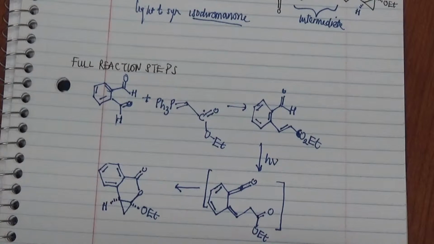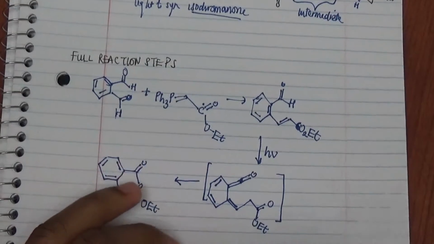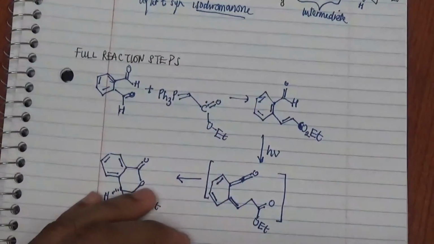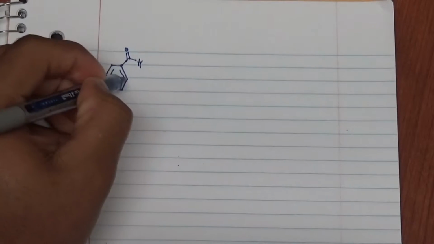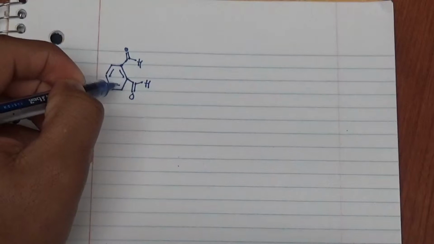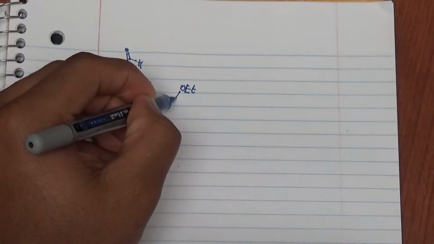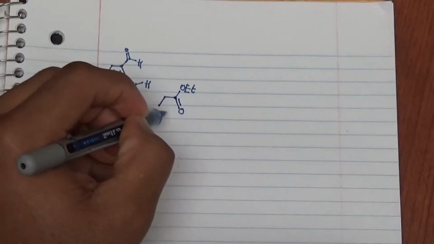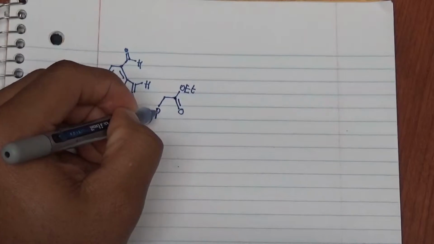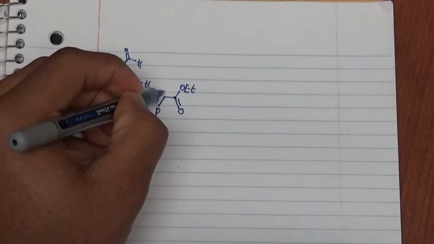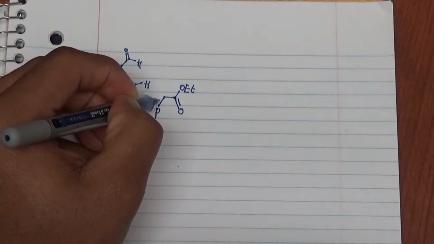So next, let's look at our mechanism for this reaction. Our original starting material, which we have over here, is involved in a particular reaction, which is a Wittig process. Here you have a phosphorus and the double bond that is meant to be here.